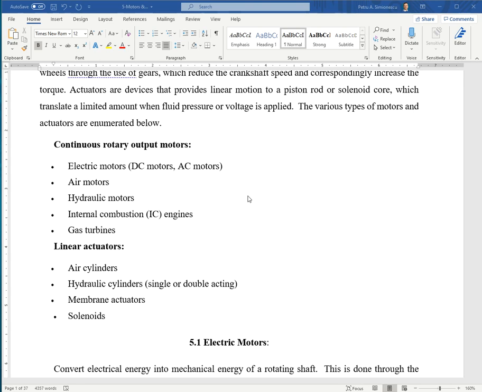We have hydraulic motors, and I mentioned earlier concrete mixers, or slow-moving vehicles with hydrostatic transmissions. There are internal combustion engines. There are gas turbines. There are external combustion engines like the Stirling engine, and maybe more.